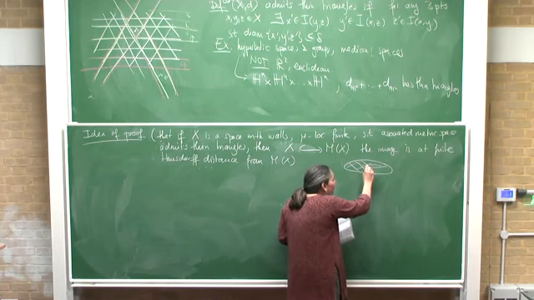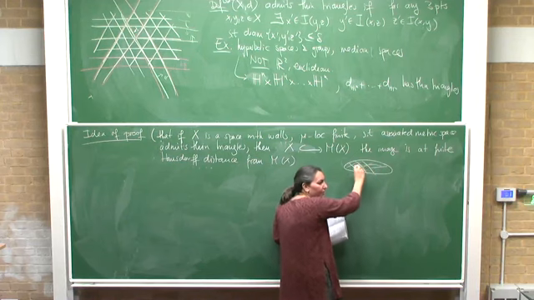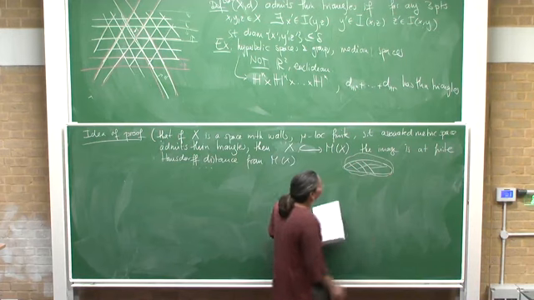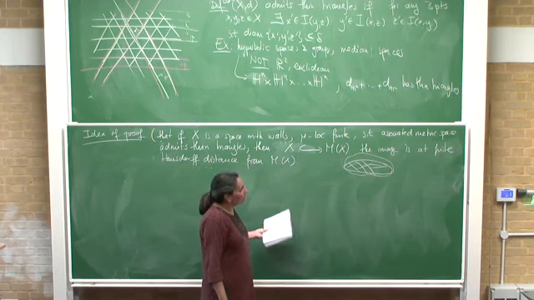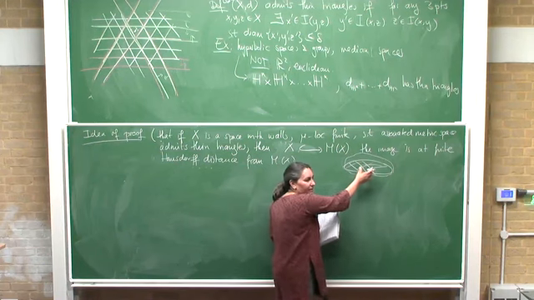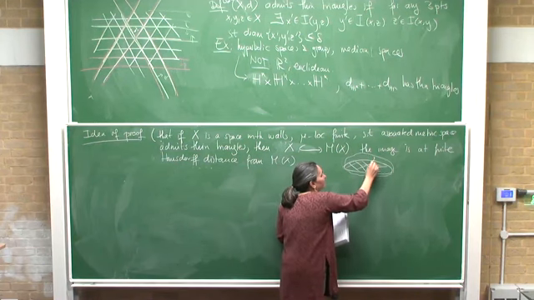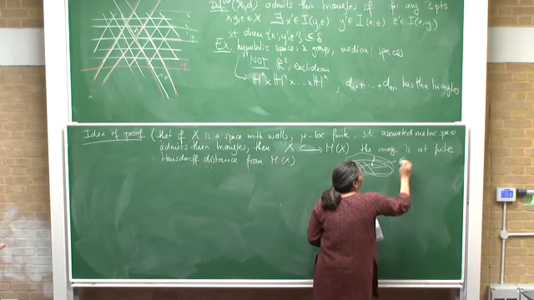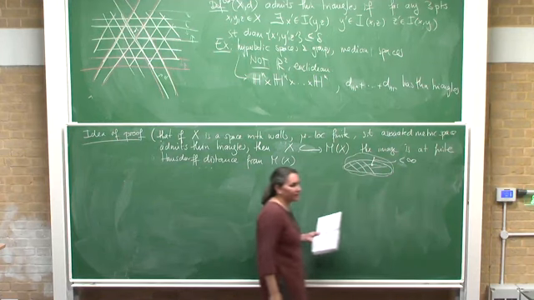X gives you all the sections that come from those points. You're going to add other sections. And what I'm saying is that when the metric has thin triangles, then whatever you add is at finite Hausdorff distance.